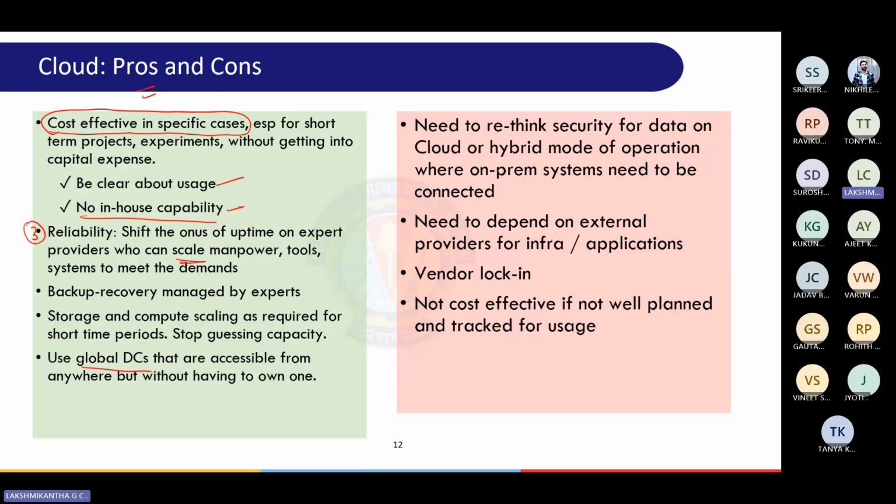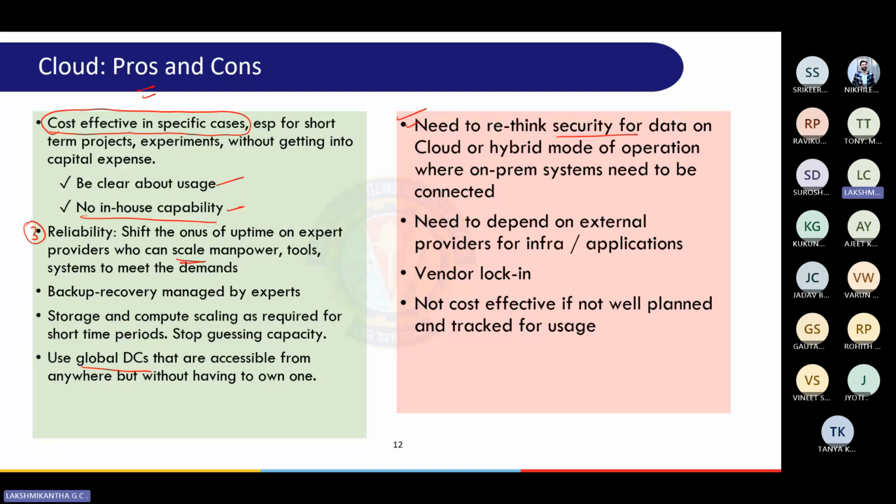Now let us see the challenges or cons of using cloud computing. On the right hand side, we have mentioned the cons. The challenges and risks of moving big data to the cloud. The very first challenge is that security needs rethinking. Correct?